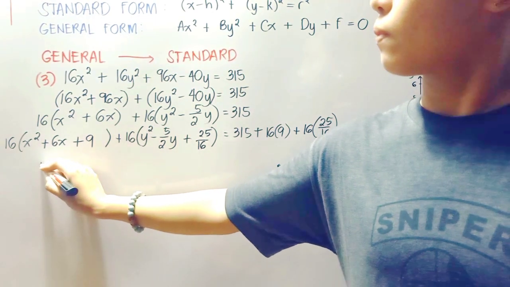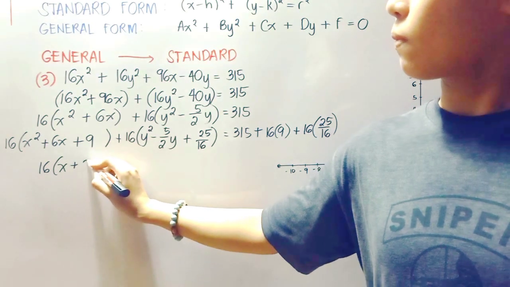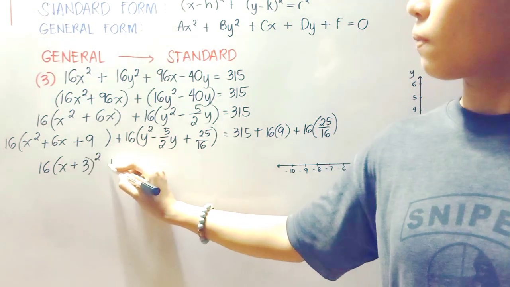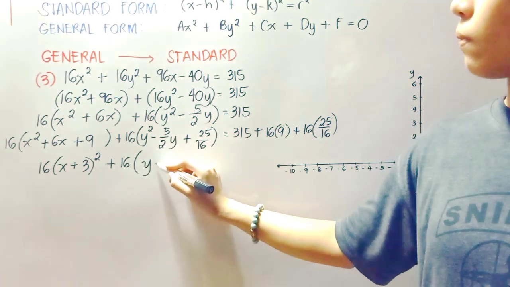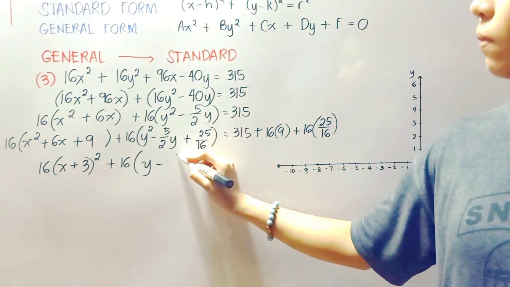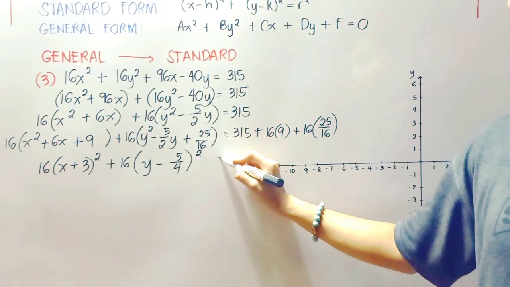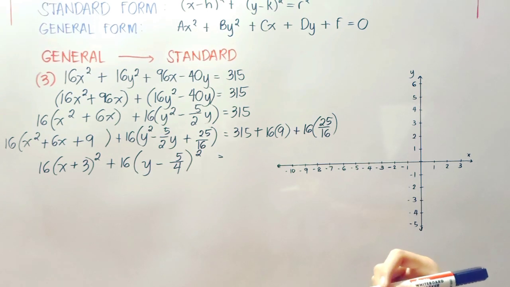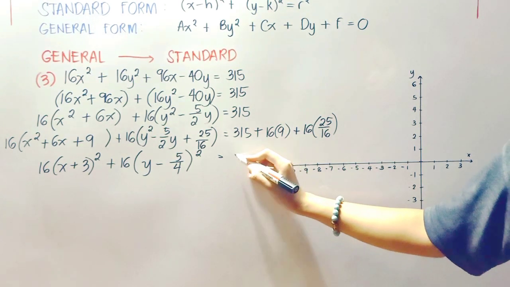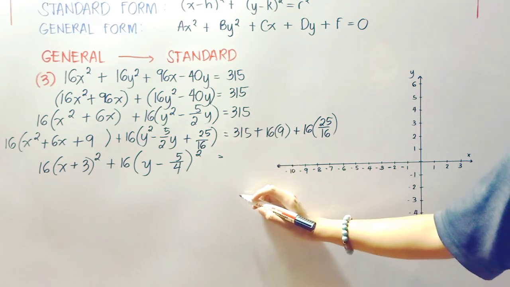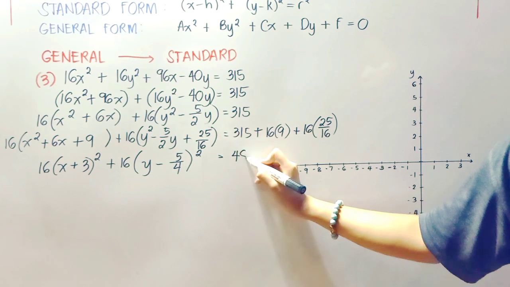We can now factor here x plus 3, again that's 6 divided by 2, quantity squared, plus on this side we have y minus 5/2 divided by 2 is 5/4, quantity squared, and we have to operate the right side. It will give us 484.